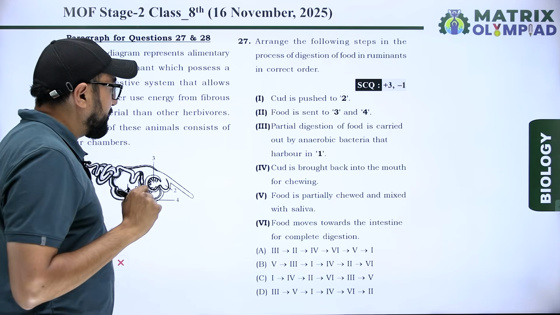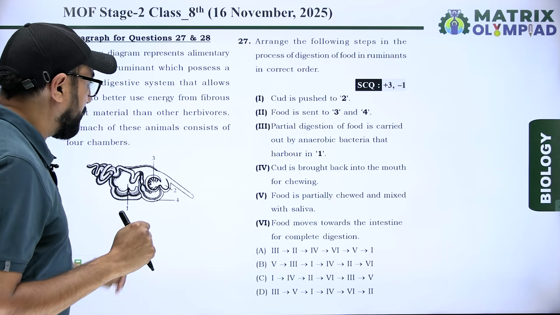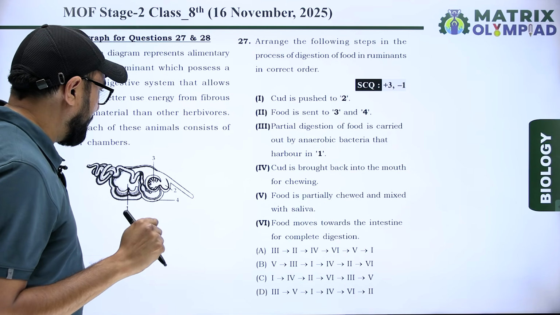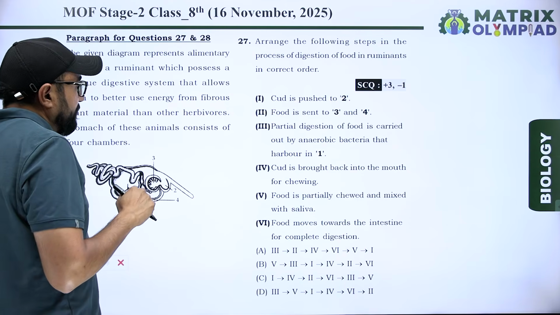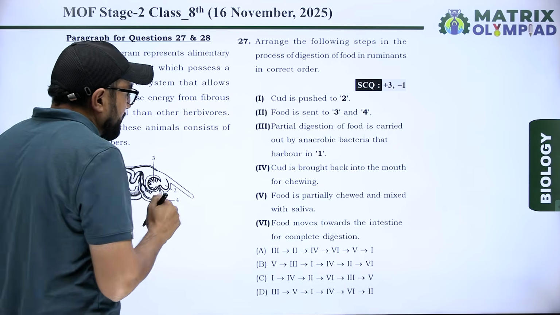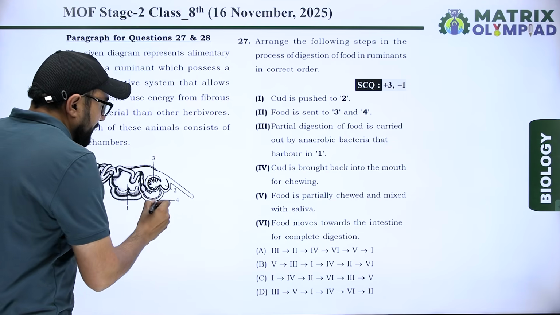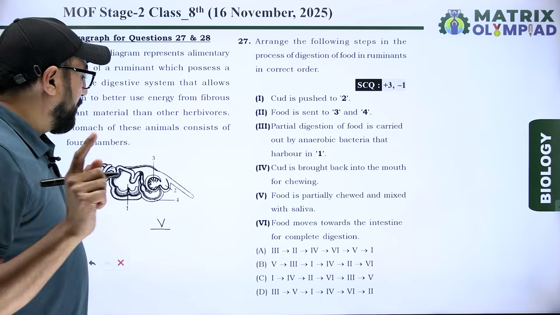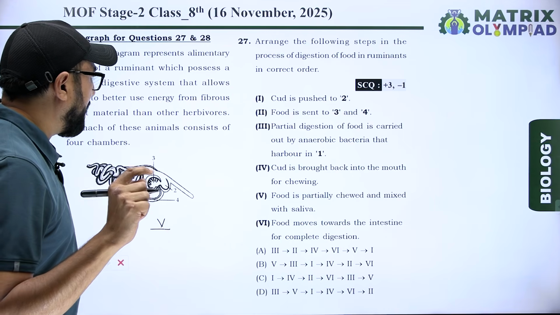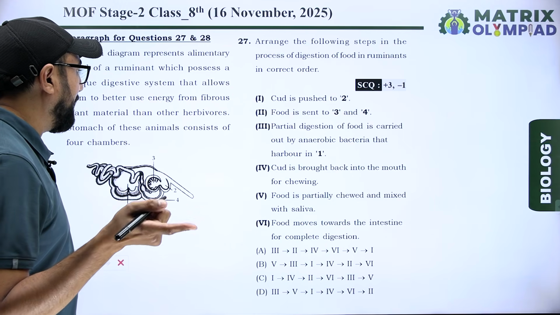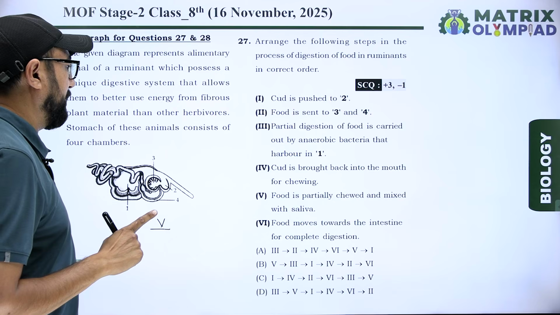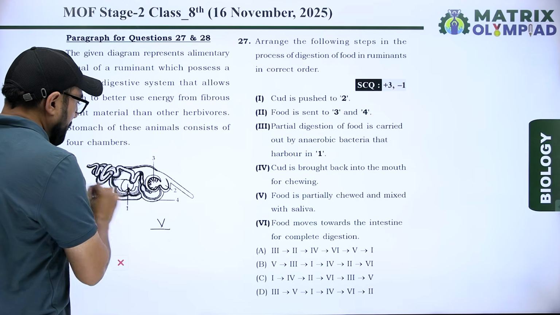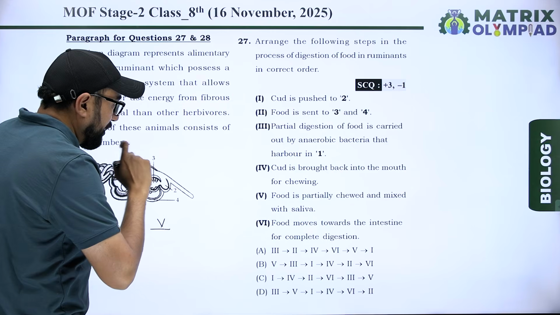According to the statements, the correct order is first, second, third, fourth, fifth and sixth. First, food is partially chewed and mixed with the saliva, that is fifth. Next, partial digestion of food is carried out by anaerobic bacteria that harbor in one, that is third.